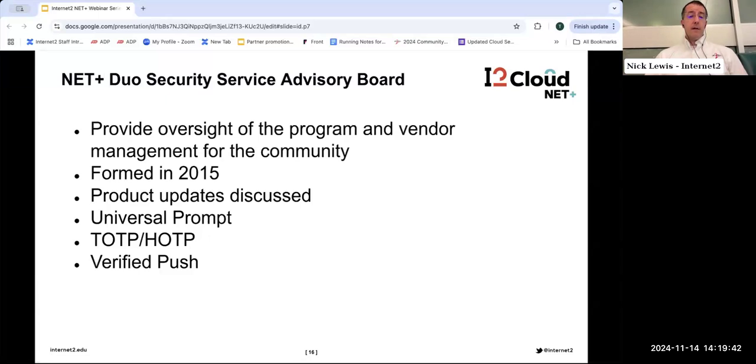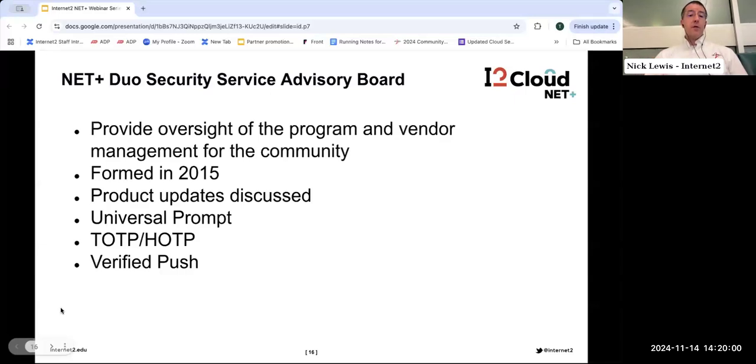We worked closely with Duo on that feature development and have worked with campuses on deploying that to their users. I'll talk a little bit more about that in the later slides on why.